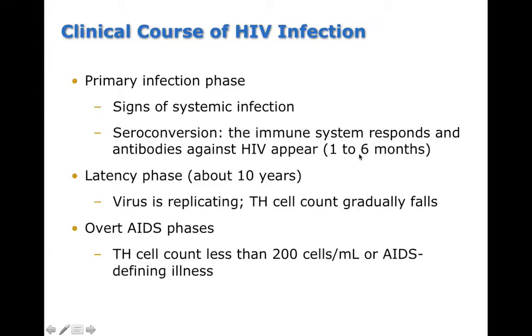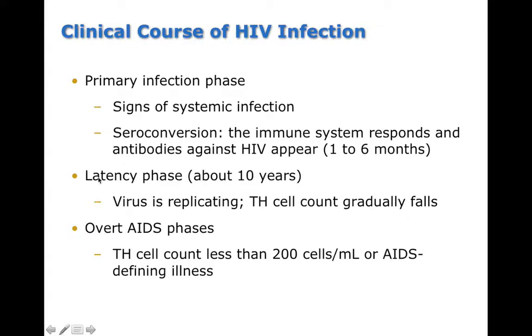And to be safe, they say about at 4 months, you might have seroconverted. But it takes time to be able to measure it. So you couldn't have an exposure event and then get tested the next day, and they can't tell you for certain if you actually have HIV at that point. It takes a while for the viral particles to replicate to the point where we can actually measure them in the bloodstream.